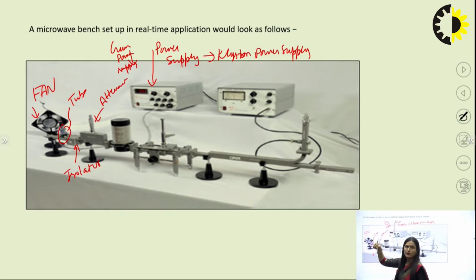We are moving this probe, and if we tighten the probe completely, then the complete signal is absorbed by this pin. Nothing will move out from this attenuator, and if we release it, then we are providing some path to the microwave signal to pass to another section of the test bench. This circular shape is the frequency meter.